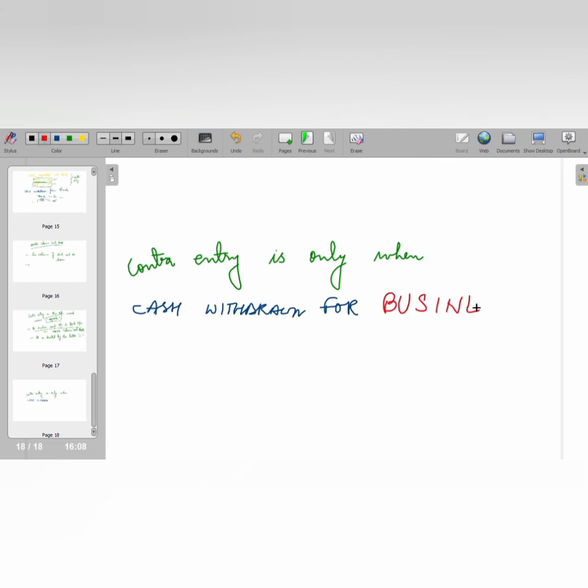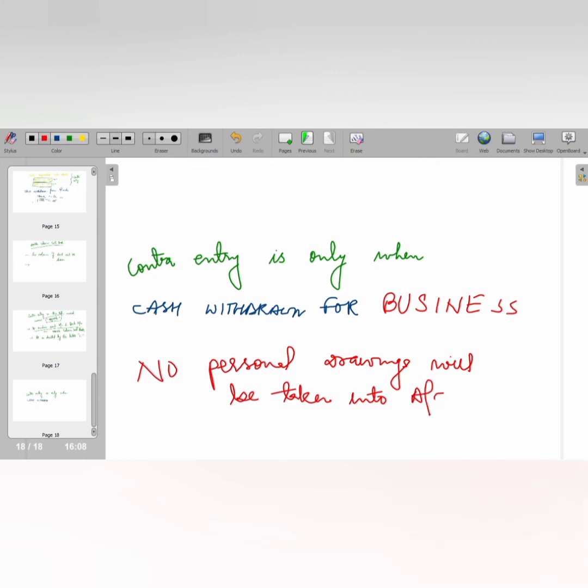Okay, any personal withdrawings will not be taken into account for the contra entry. Okay, no personal drawings will be taken into account. Fine. This was all about the contra entry.